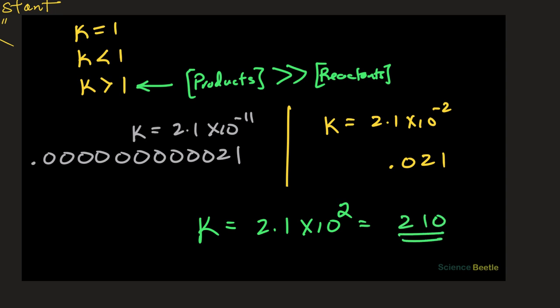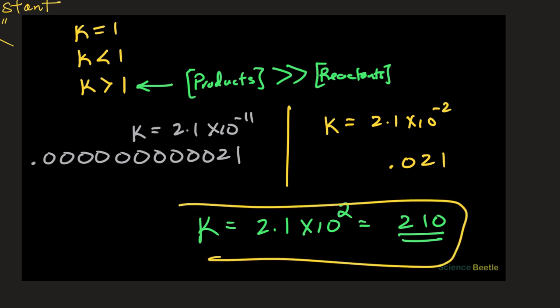It's demonstrably arguable that 210 is 210 times greater than 1. So the reaction here at the very bottom goes to completion. And so that's what you want to be able to do at a glance when you look at some of these k values.